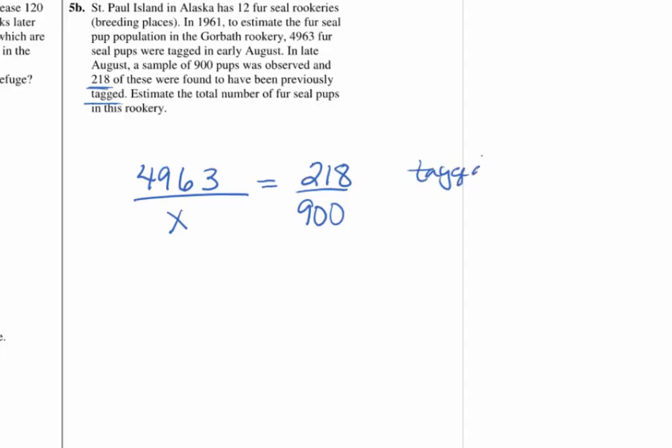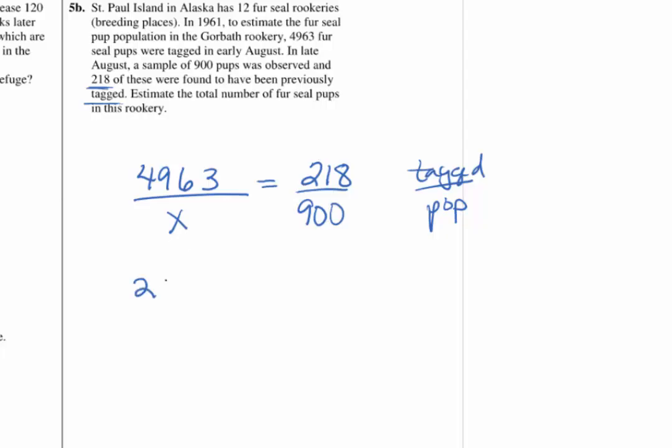So we're looking at tagged over observed, or tagged over the population. We didn't know the initial population, but out of those, the 4,963 were tagged. 218 were tagged out of the number that were observed later. Okay, so then we'll cross multiply.